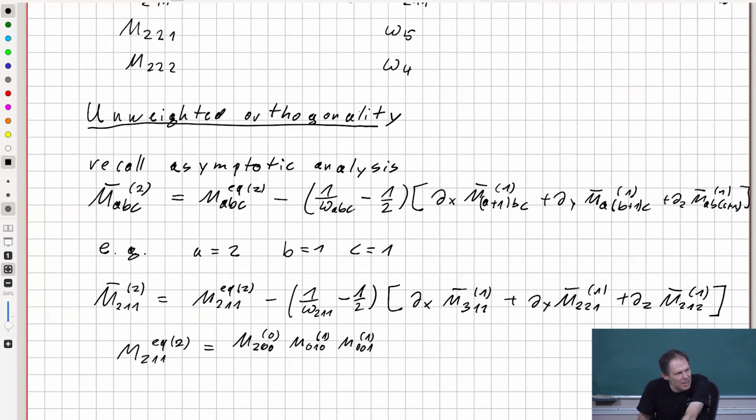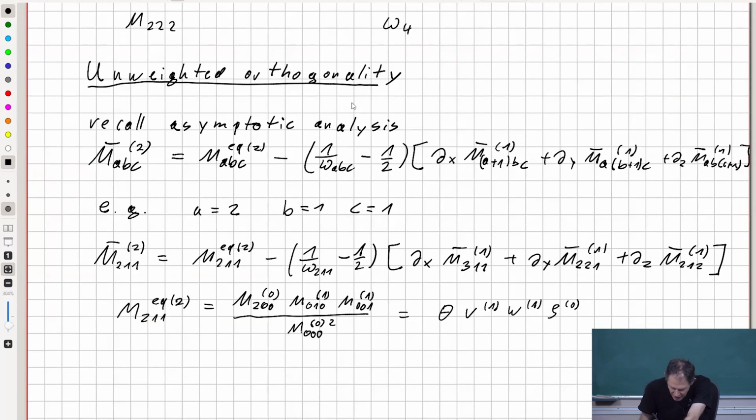Yes, I could write all the other cases too, but you see that M010 has no 0 order. The only one of these that has a 0 order term, and then it's related to the density, is the M200. This is the only one that has a non-vanishing 0 order term. This is why I keep it this way. And then we have to normalize this by M000 to the 0 order square, which basically turns out to be theta: M200 gives theta, v to the first order, W to the first order and rho to the zero order. So this is what comes out here.